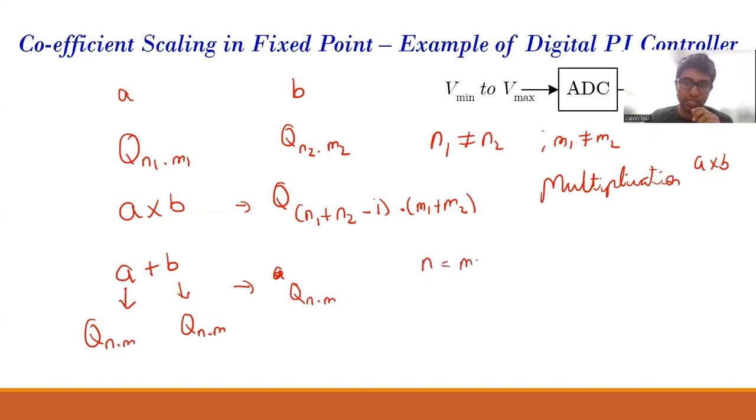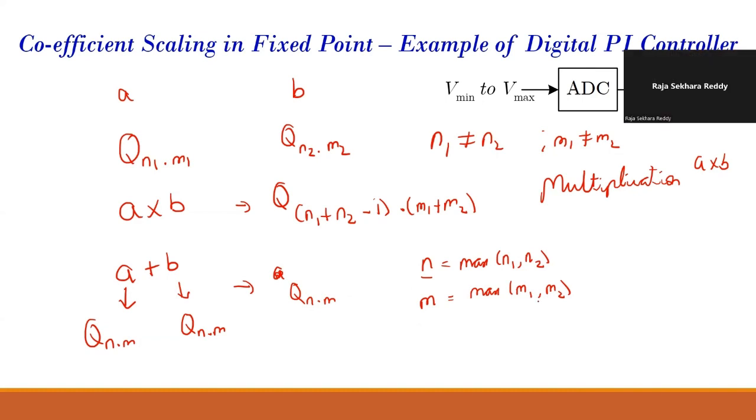My n will be the maximum of n1 and n2, whichever is maximum. And m will be the maximum of m1 and m2. Yes, there may be cases when both A and B should be padded.